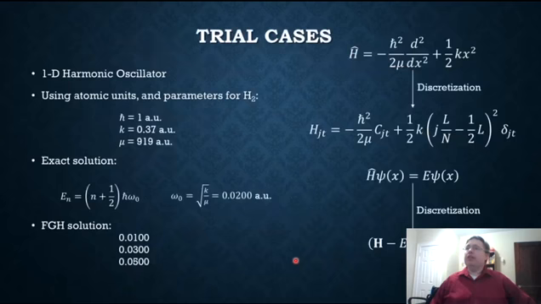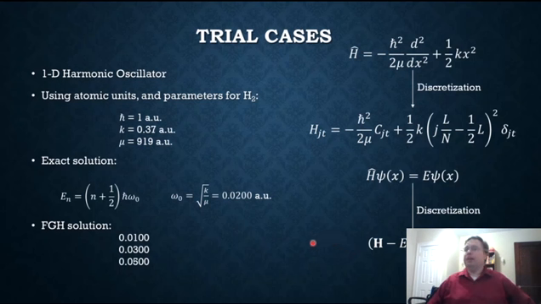All right, so when we do this, the Hamiltonian operator turns into this matrix, and the Schrodinger equation turns into this matrix eigenvalue problem.